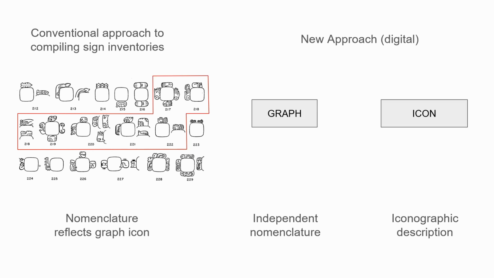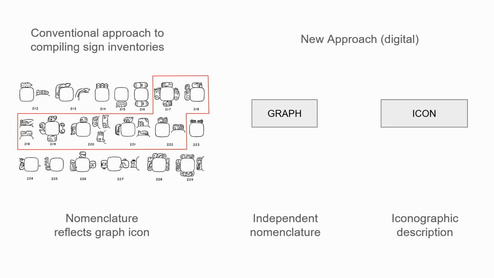So what we decided to do is the other way. With the help of digital humanities, we now make a differentiation between a graph and a sign. The sign is all the linguistic information, and the graph is the visual representation of the sign. Then we describe the iconic origins with a controlled vocabulary.